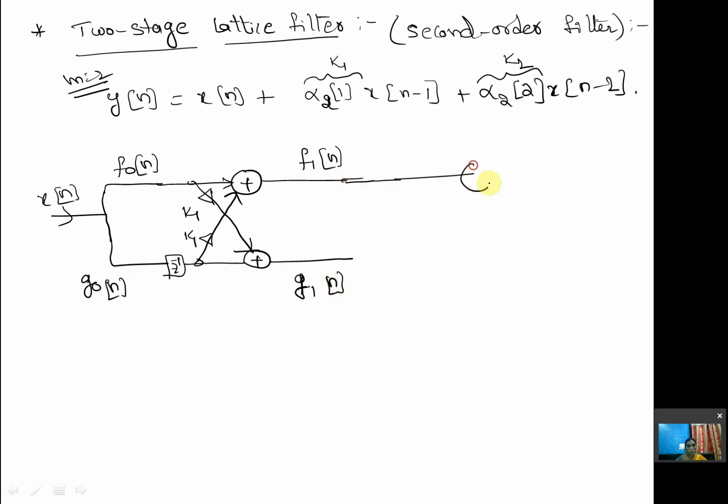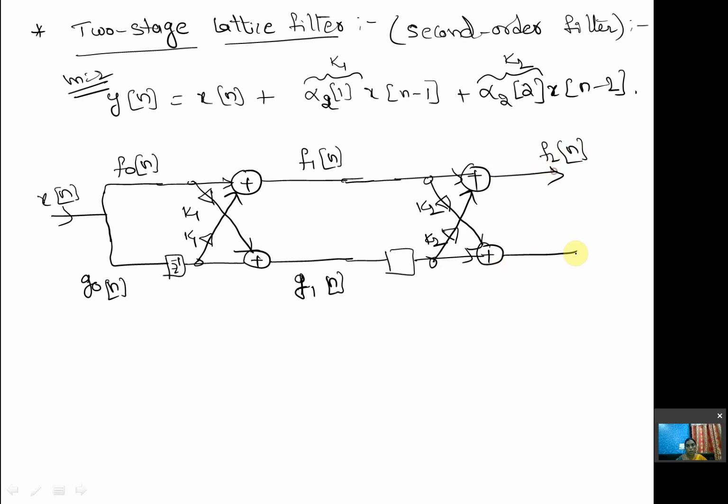Now same thing, right? Again draw this adder, delay unit, now adder. Here also take the multipliers k2, k2. Now here this is f2 of n and this is g2 of n.